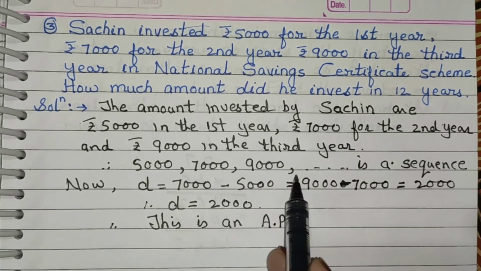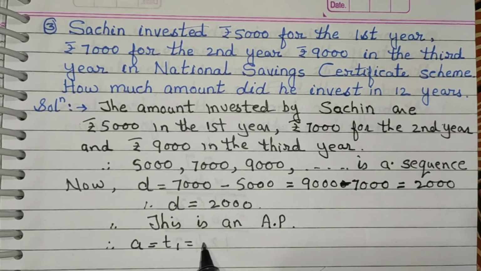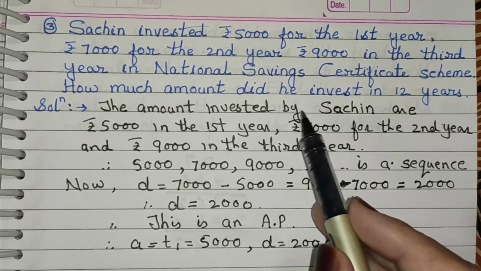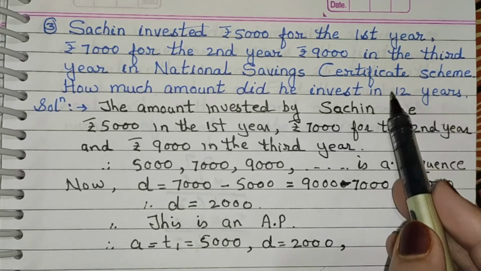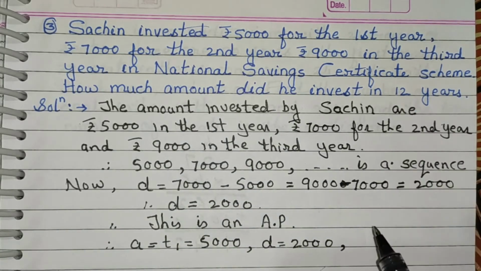Now in this AP, first term is 5000, therefore write down here A is equal to T1 is equal to 5000, D is equal to 2000, and here 12 years. How much amount did he invest in 12 years? Therefore, N is equal to 12.